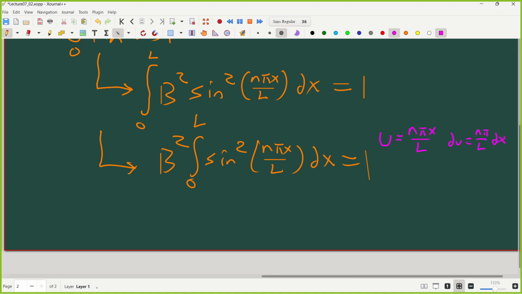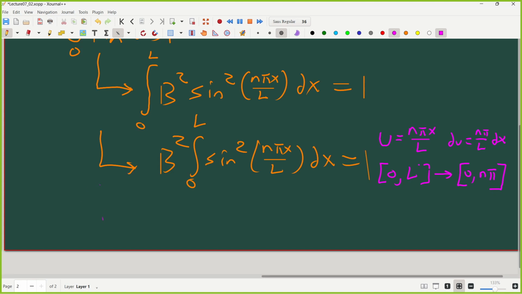Of course, when we do u substitution, we also have to figure out what the bounds of our integral are, because they change by a linear factor. We start from 0 to L, and once you do a little bit of math, it's not hard to see that the bounds change to 0 to n pi. So we're going to integrate the function from 0 to n pi.